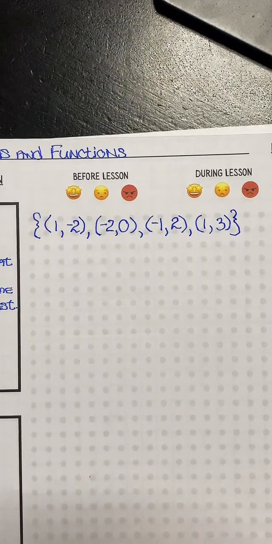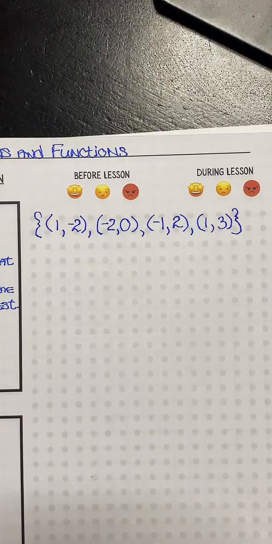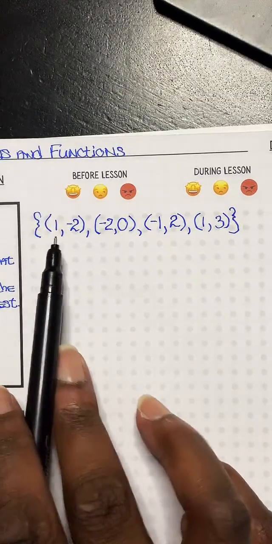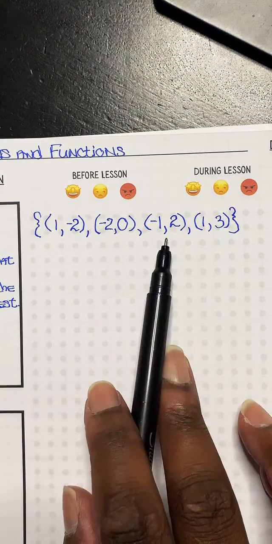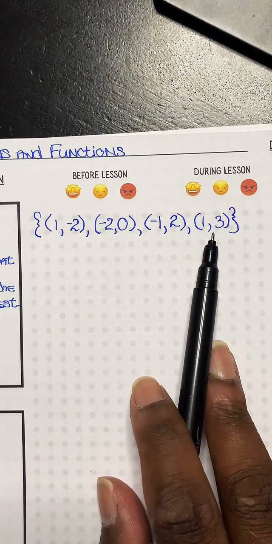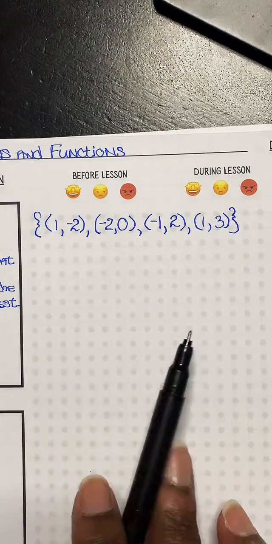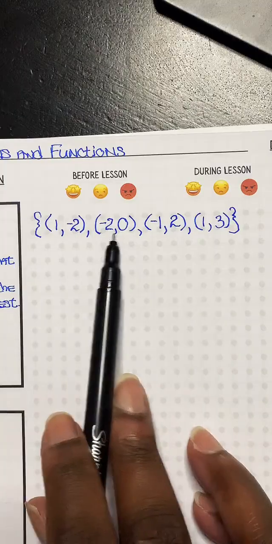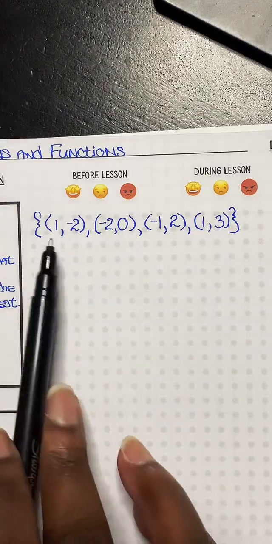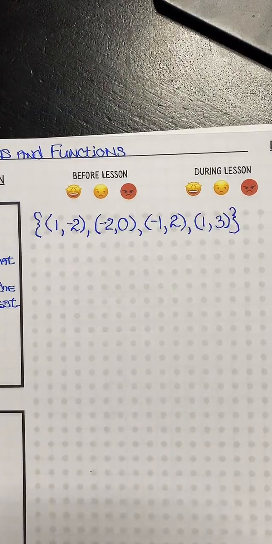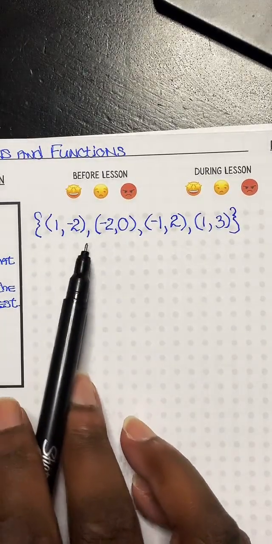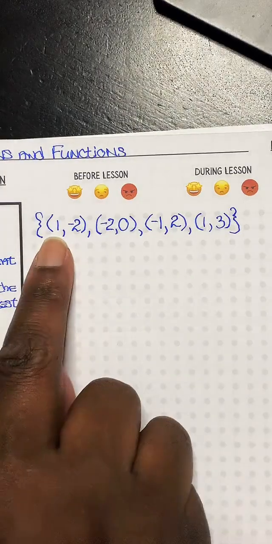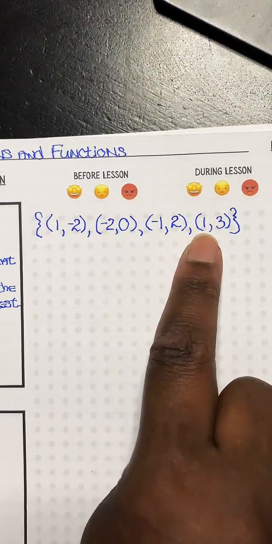Okay. So, just by looking at this, we have 1, 2, 3, 4 ordered pairs. So when they ask you, these are relations. You have an x and a y, okay? So those are the relations, a set of relations. But in order for it to be a function, we have to check the x's.